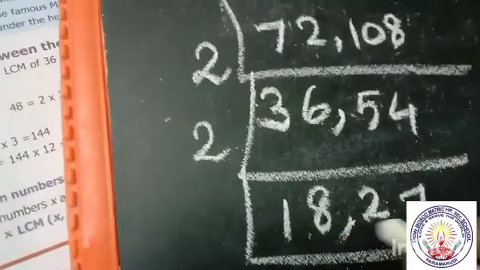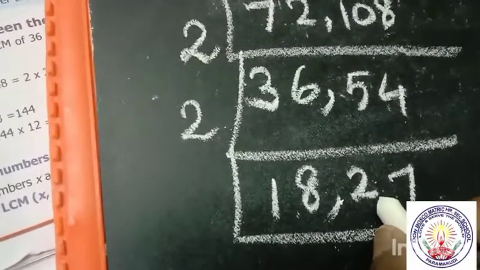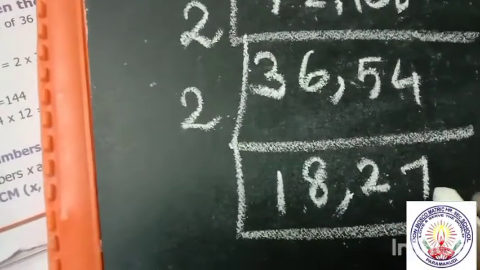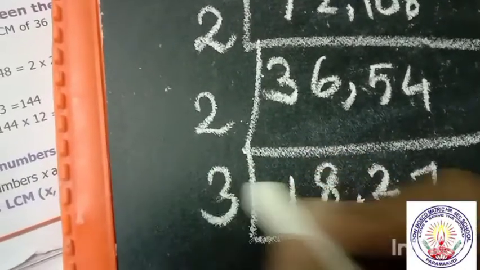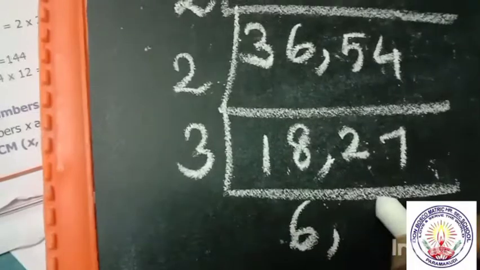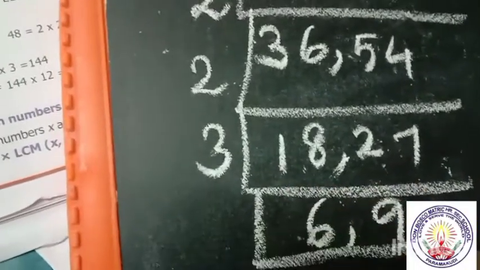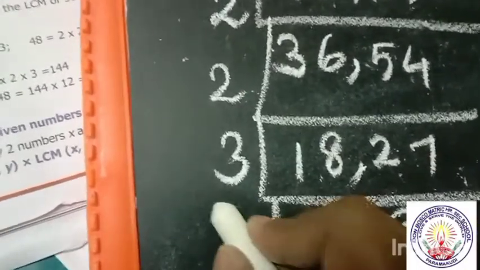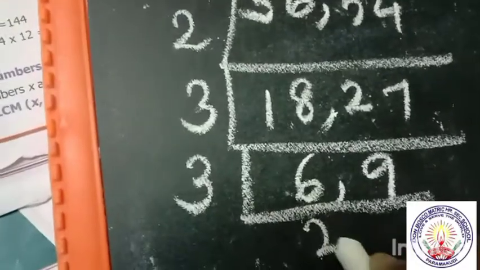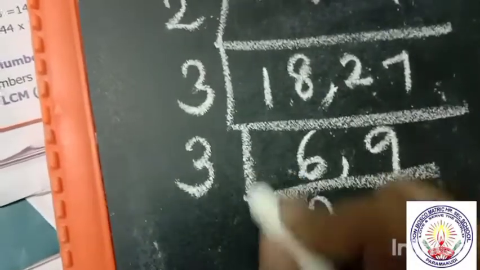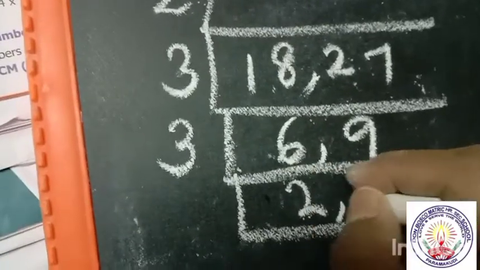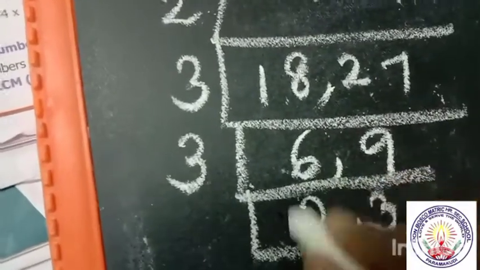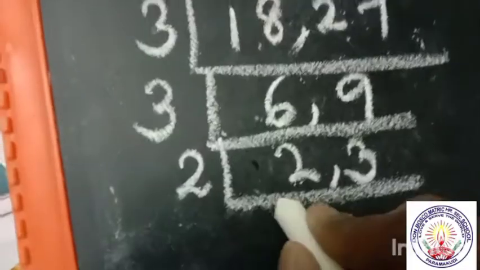So both numbers cannot be divided by 2, but they can be divided by 3. 6 3s are 18, 9 3s are 27. Both numbers are also divisible by 3. 2 3s are 6, 3 3s are 9. Here after this, the two numbers cannot be divided by the same number. So we first take 2. 1 2 is 2.